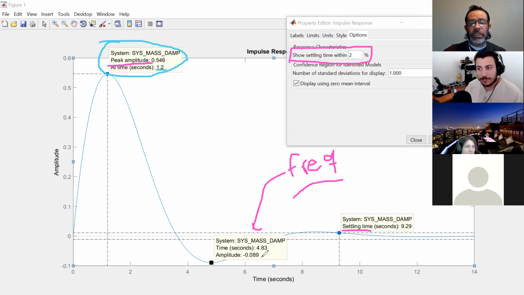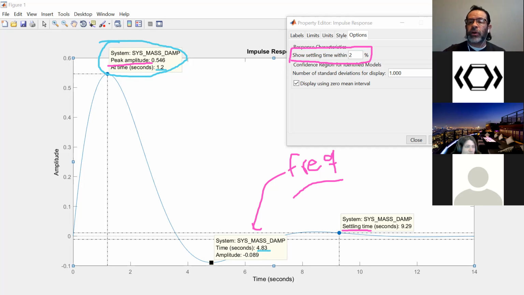We're interested in the lowest value, we want to know when it occurs. We're interested in the settling time, we want to know when it occurs. Why is that? Because we want to know if the reactions of the systems are slow or fast, or too slow or too fast. Okay, that's going to be important.